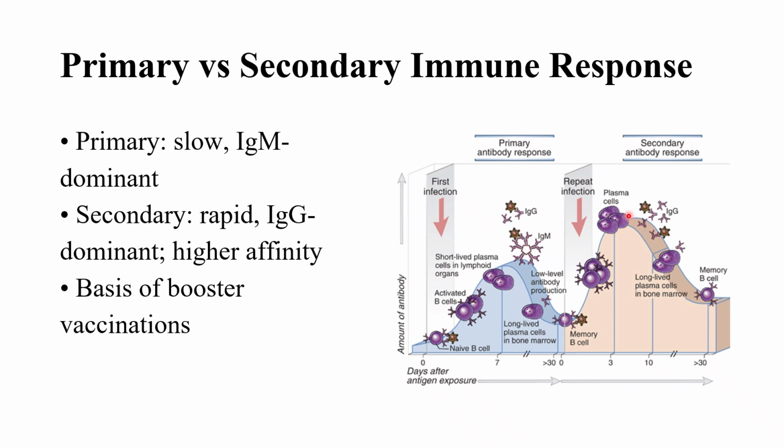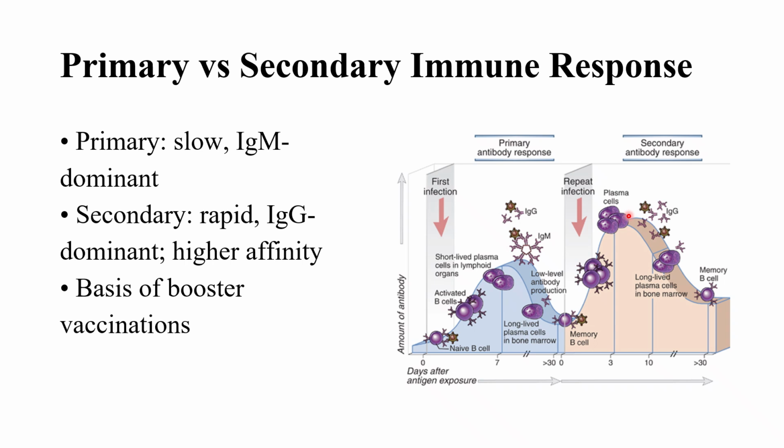Now, from an exam perspective, the difference comes down to speed, isotype, and quality. The primary response is slow, immunoglobulin M dominant, and has low affinity. While the secondary response is rapid, immunoglobulin G dominant, and has higher affinity.